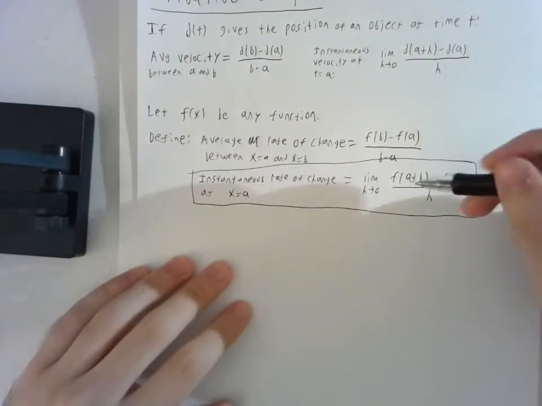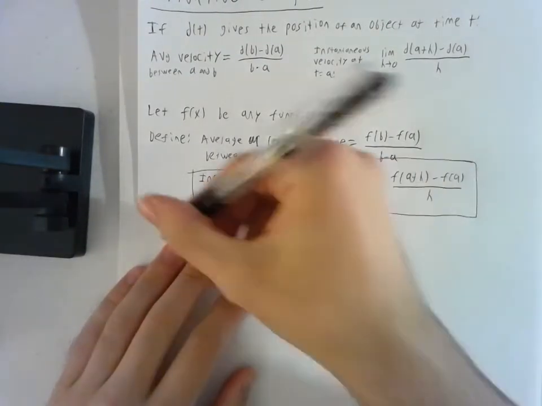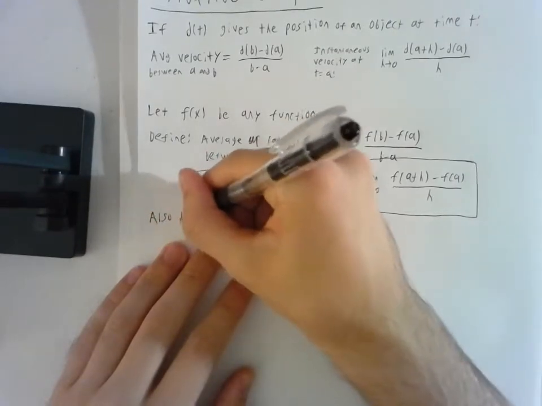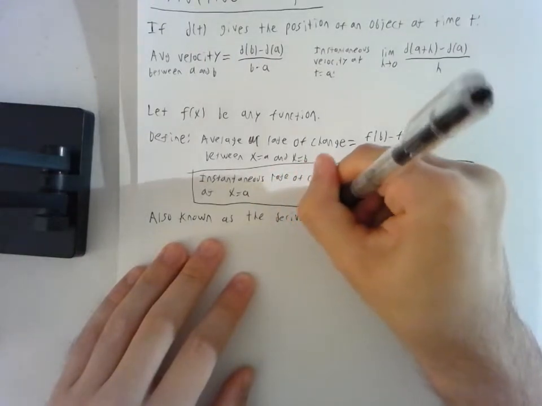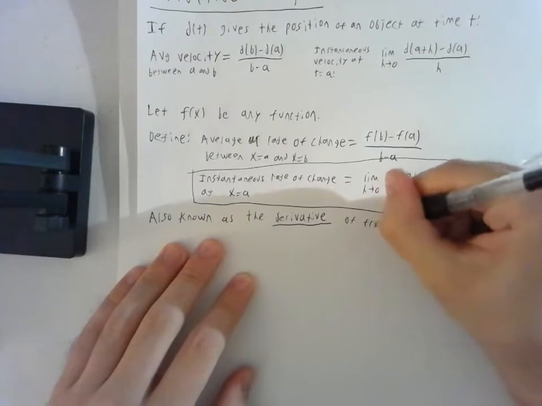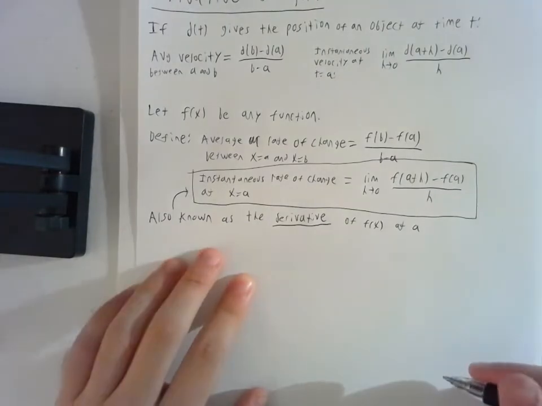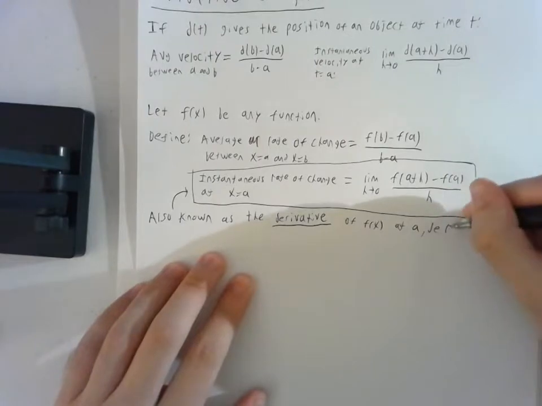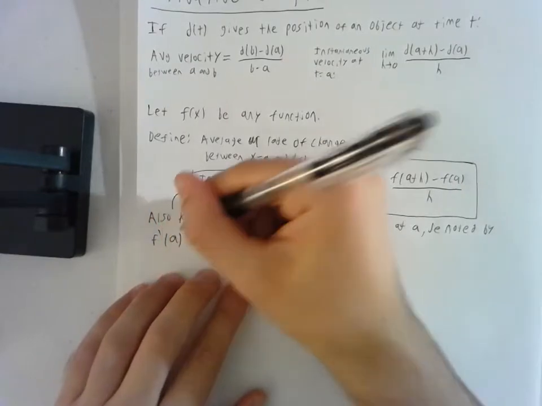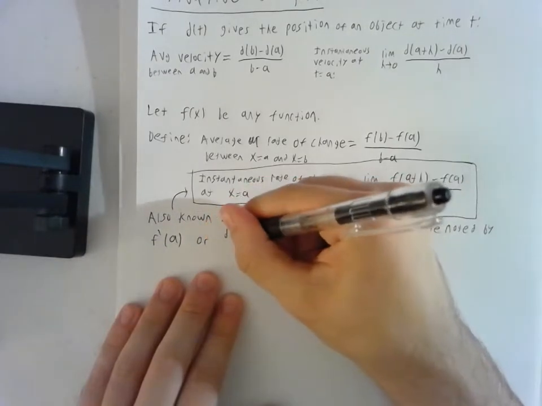The instantaneous rate of change at x equals a is also known as the derivative of f of x at a, and we denote this by f prime of a, or an equivalent way of writing this is df dx at x equals a.